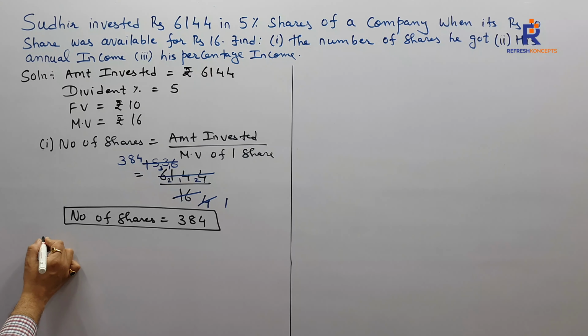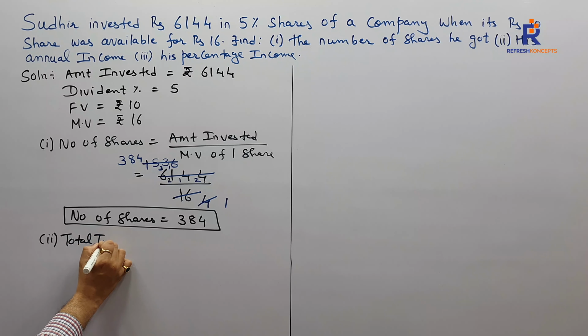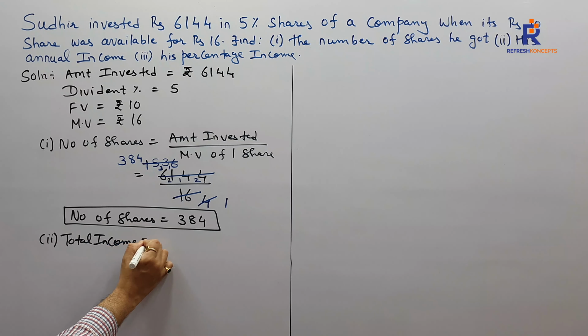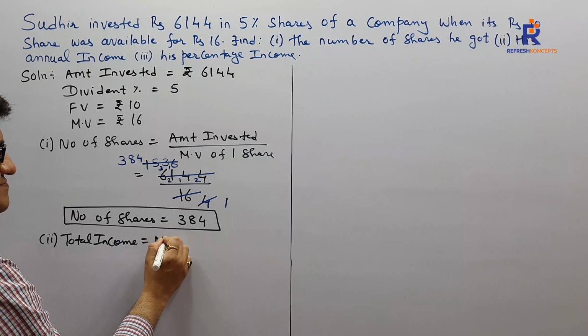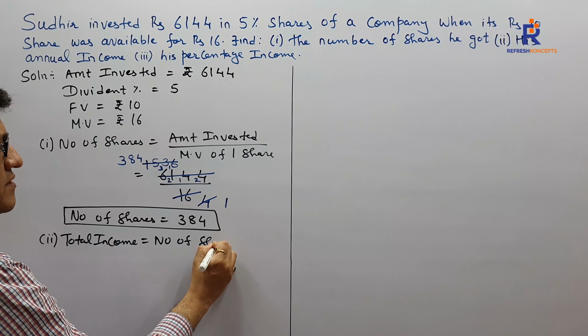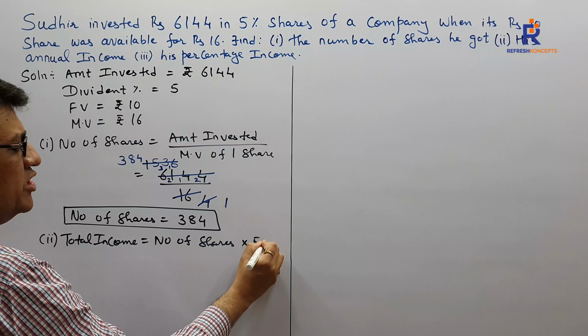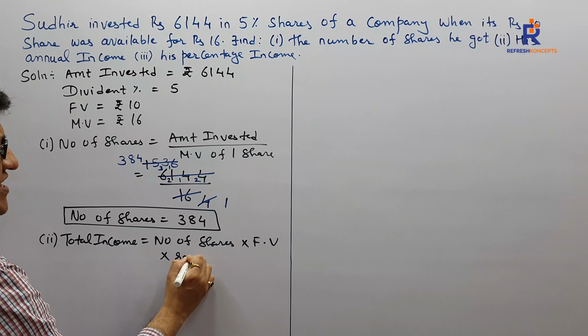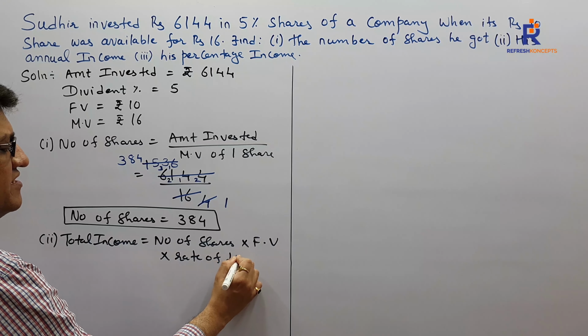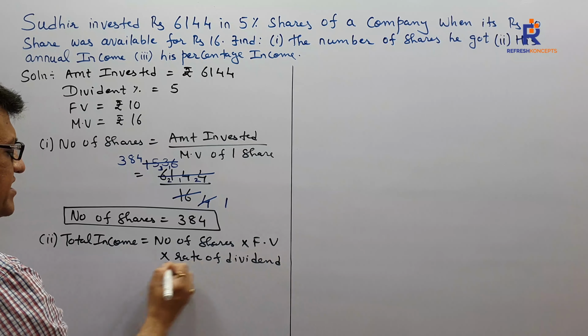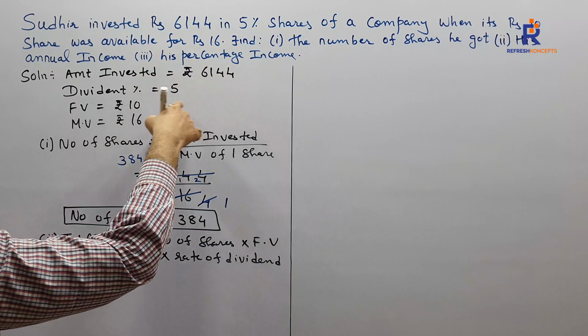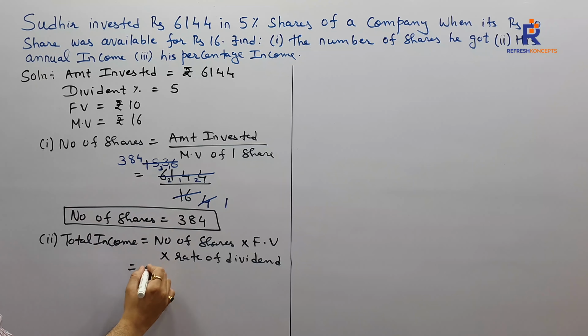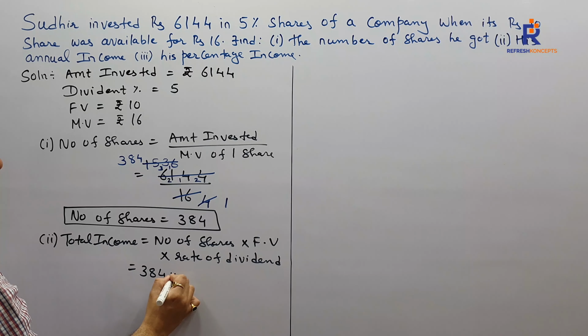Right, so what is the total income? Step number 2. Total income. What is the formula? Total income is number of shares into face value into rate of dividend. So what is the answer then? How many shares does he have now? He has 384, into face value.